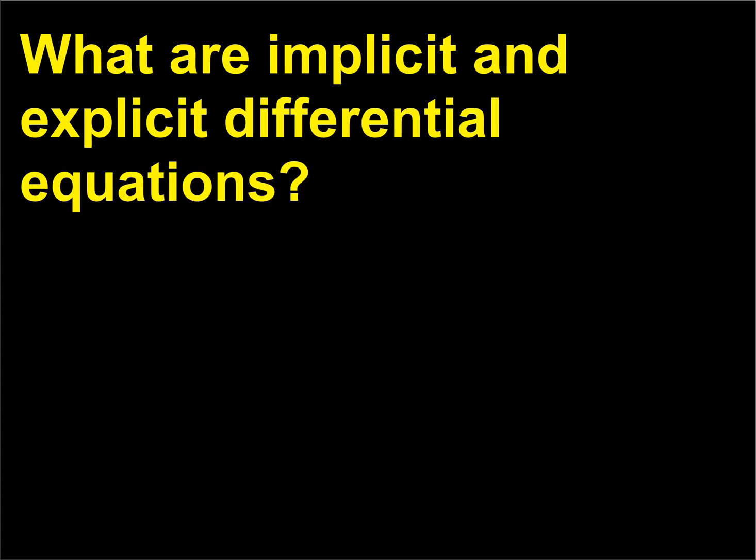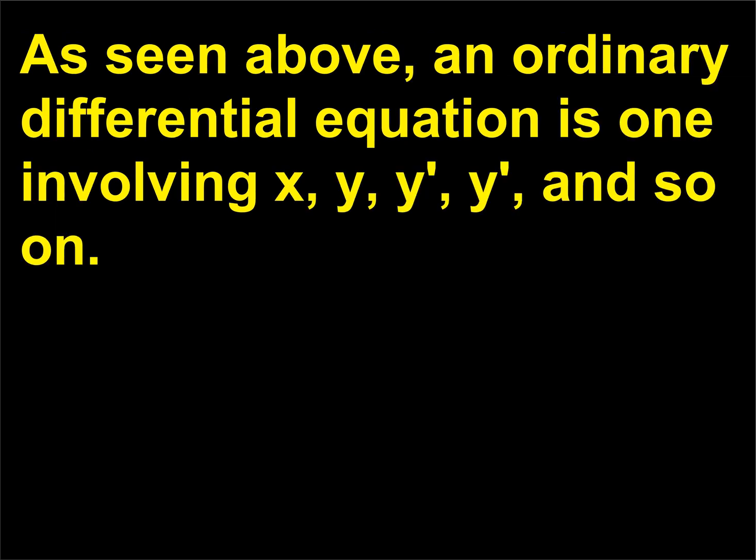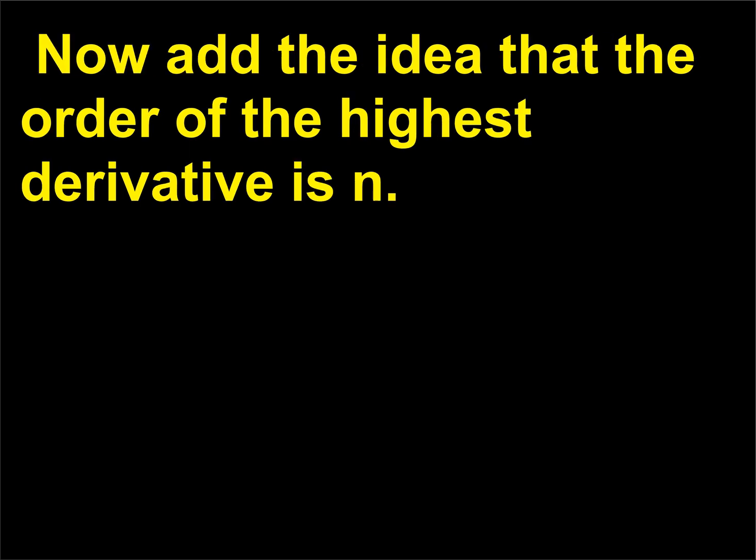What are implicit and explicit differential equations? As seen above, an ordinary differential equation is one involving x, y, y', y'', and so on. Now add the idea that the order of the highest derivative is n.